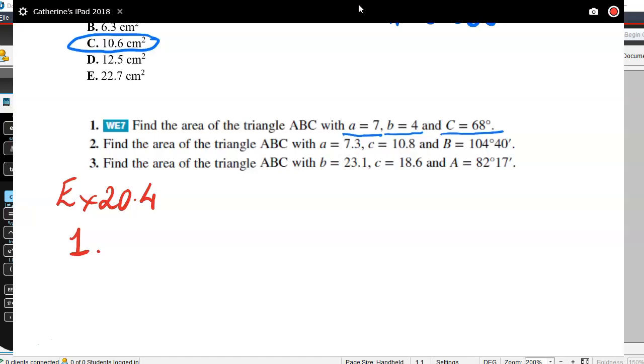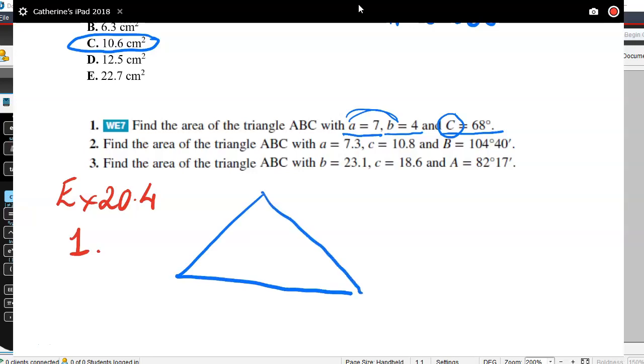Now, remembering with our labelling that angle C is going to be between a and b. Okay, so it's that included angle. So you've got to be reading these really carefully. I'm not drawing this very well, but it's just really to help me understand.